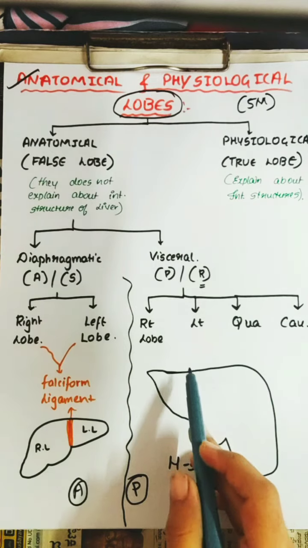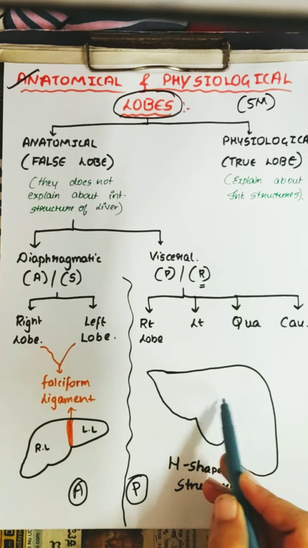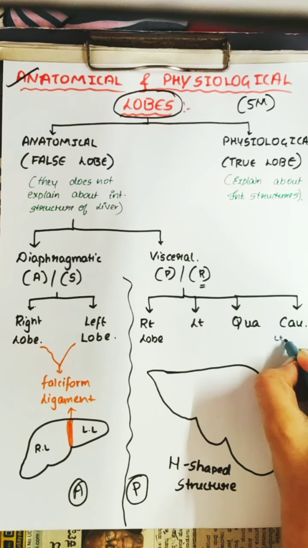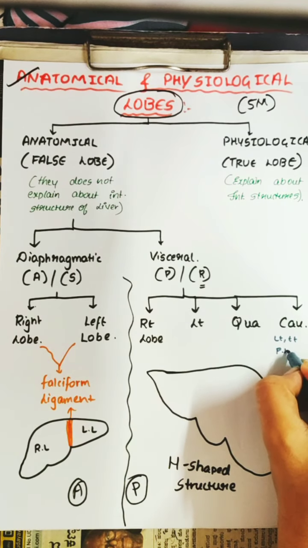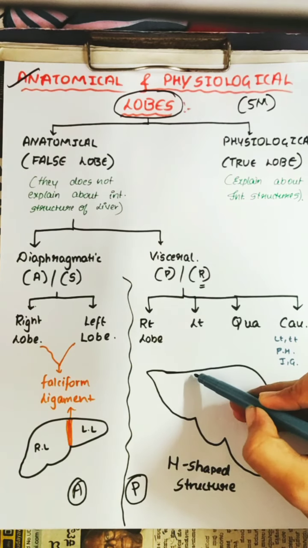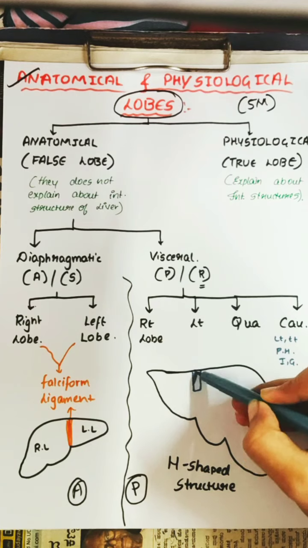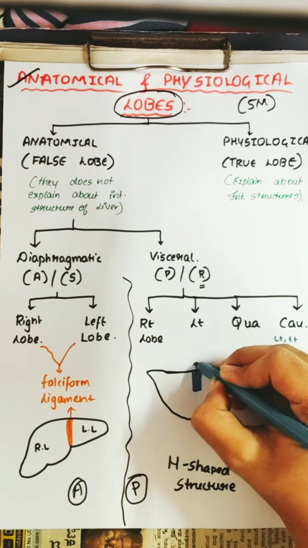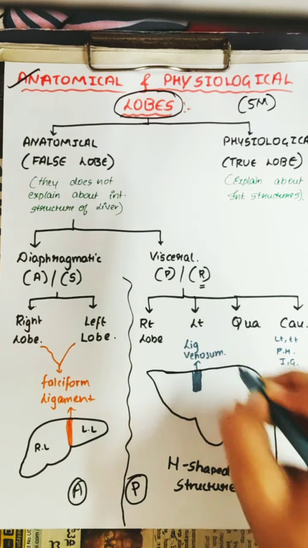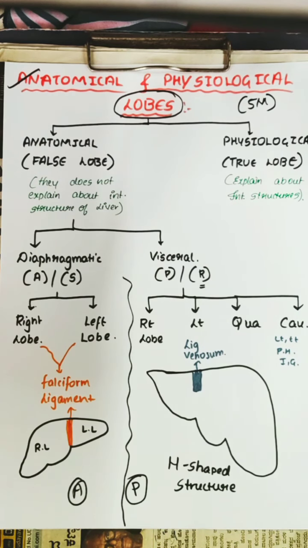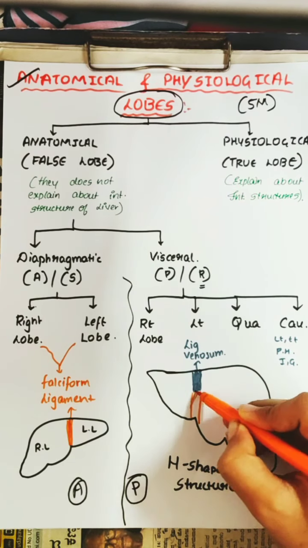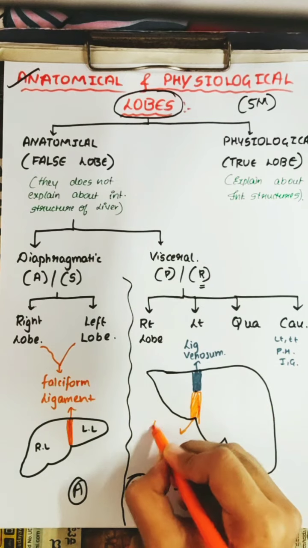Here comes LT. Main gate is porta hepatis. Inferior vena cava, gallbladder. See here comes the ligamentum venosum. The next structure is formed by the ligamentum teres.